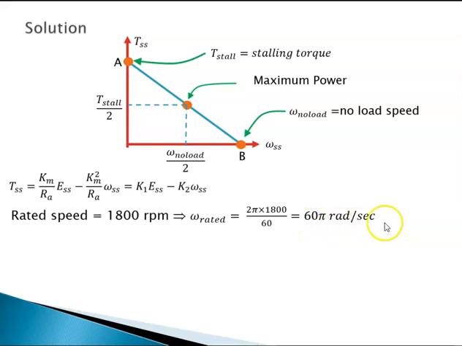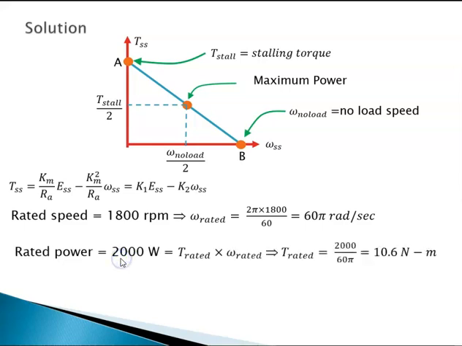In radians per second, 2 pi N by 60 comes out to be this, and we know the rated power is 2000 watts, that is T rated multiplied by omega rated is 2000. So you find the rated torque as power by speed, as shown over here.